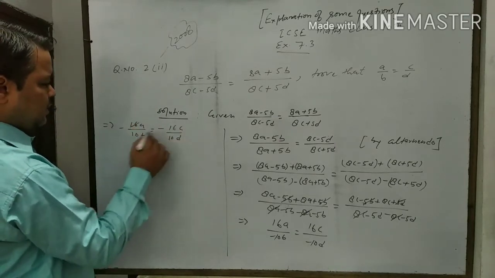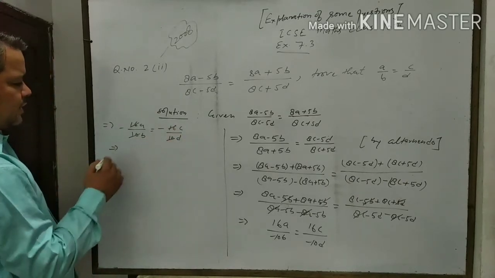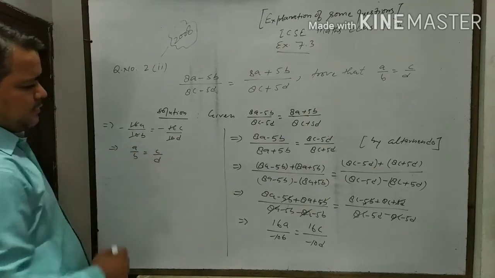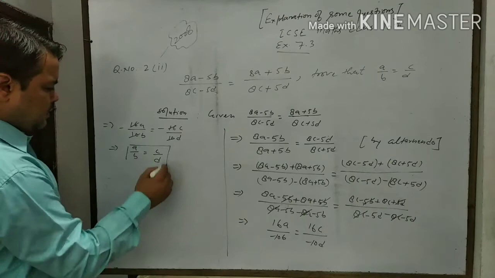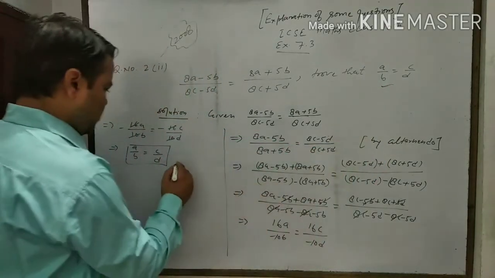Now this cancels, minus cancels here, and this implies that a by b is equal to c by d. This is the proof. Now we can write here proved.